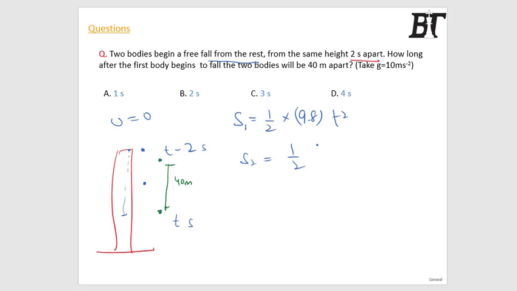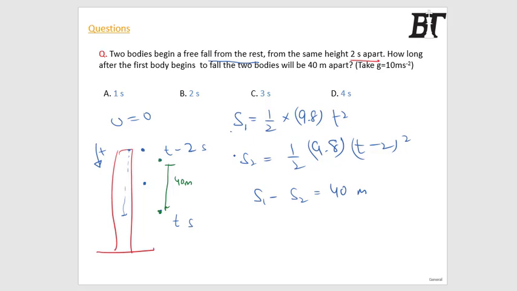Displacement of second ball similarly is half into acceleration, that is 9.8 into (t minus 2) का square, है ना, 2 सेकंड कम रहा है. In this I am considering downward direction as positive and writing acceleration as plus 9.8. It is given that these two balls are 40 meters apart. It means S1 minus S2 is 40 meters.